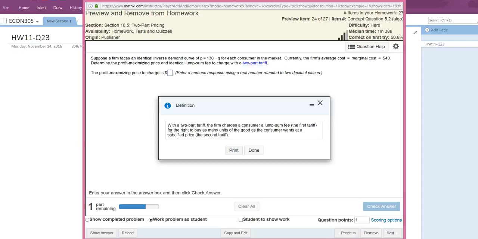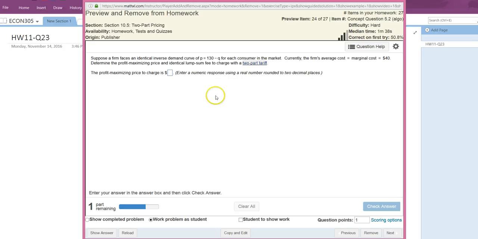Once you pay that fee, then for each good within that club, you pay separate fees for each quantity of the good. That's called two-part tariff or two-part pricing, and this is one example of price discrimination.